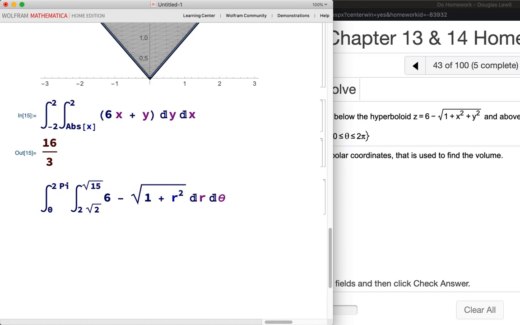This is actually not enough, because whenever you're integrating in polar coordinates, whenever you convert a function of x and y into a function of r and theta, it's important to multiply the entire function by r.